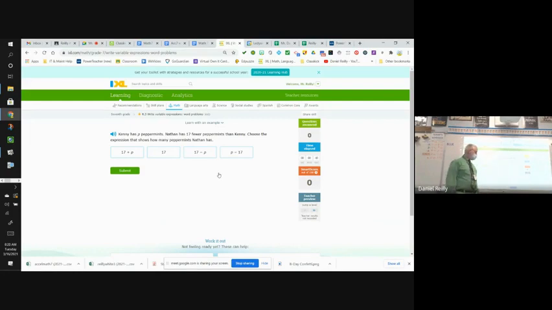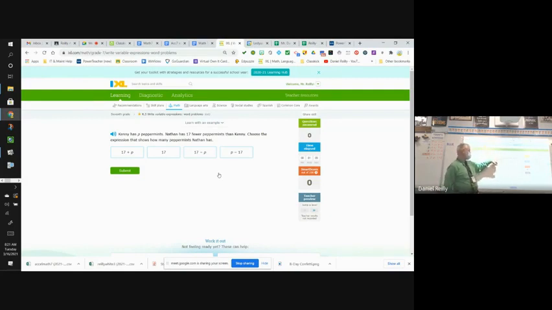Olivia, what do you think the answer is? The third one, 17 minus P. Okay, what this means is that Nathan would have 17 peppermints minus the number that Kenny has. Oh, that's not right, is it? Because then if Kenny had 20 peppermints, Nathan would have a negative number of peppermints. That's not possible.